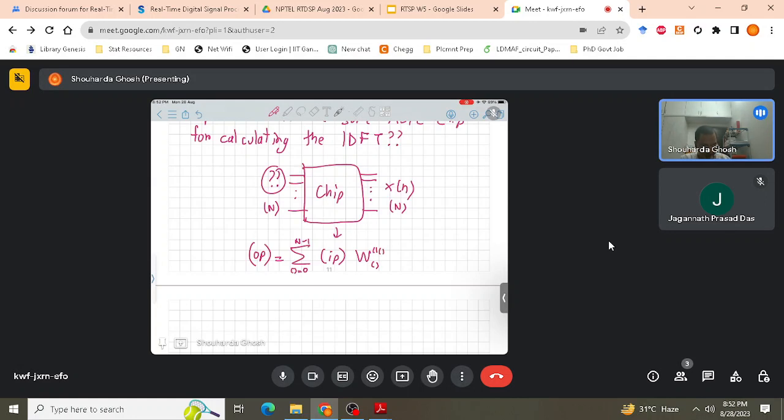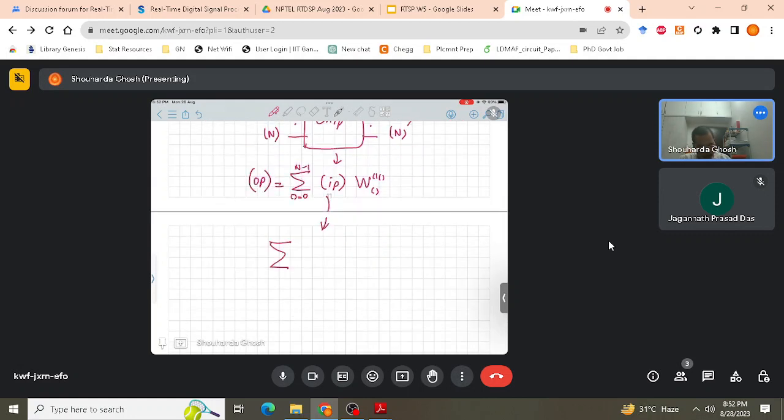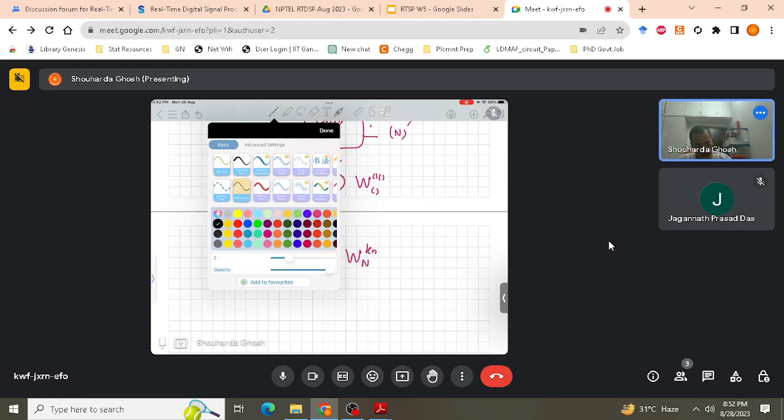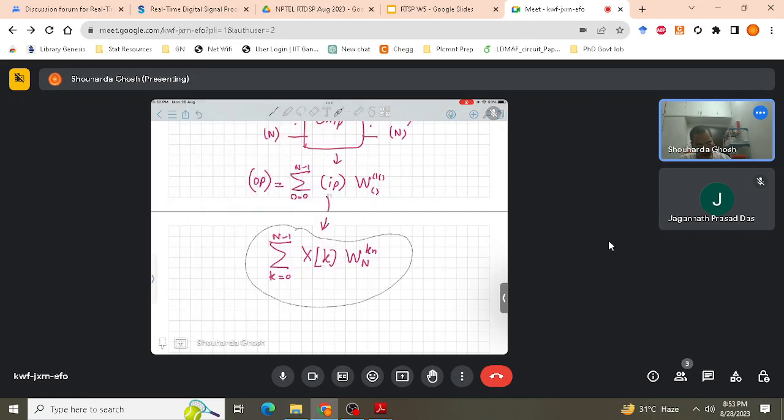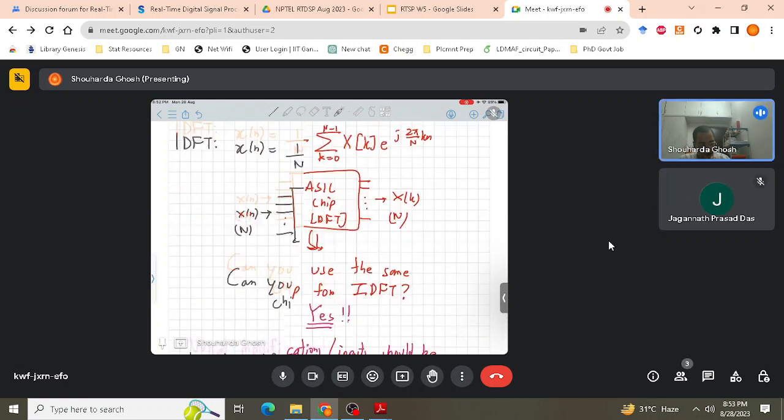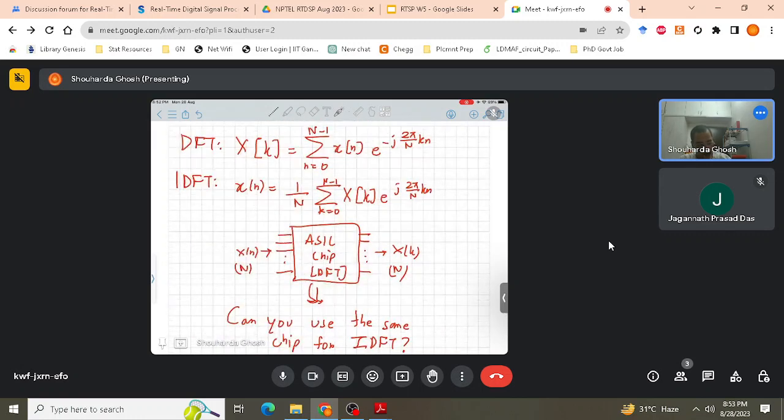So if I put, based on whatever you have said, X of k times W_N to the kn, and since k is a variable, k equal to 0 to N minus 1, is this x[n]? No, sir. This is not x[n]. So what should we do actually?